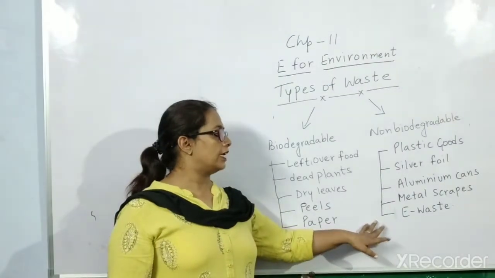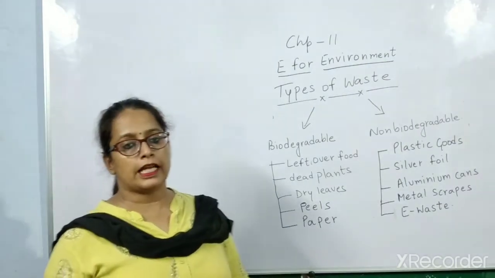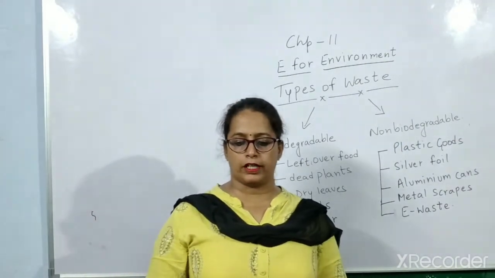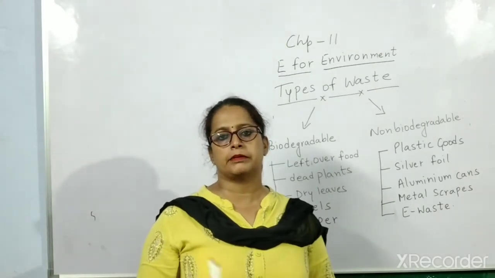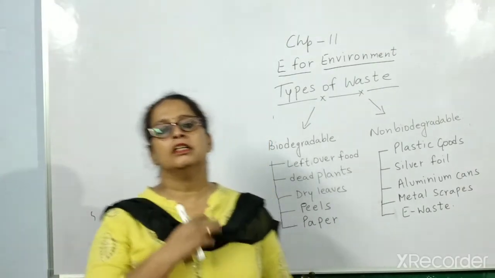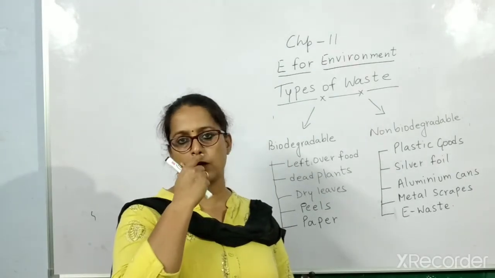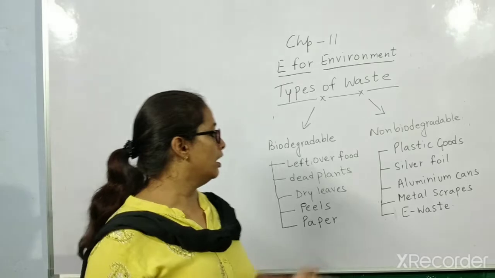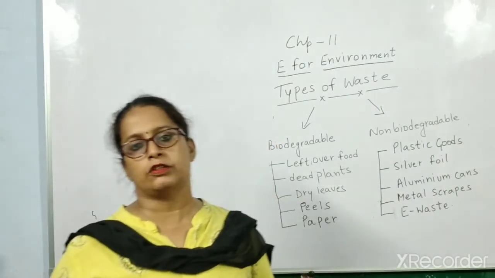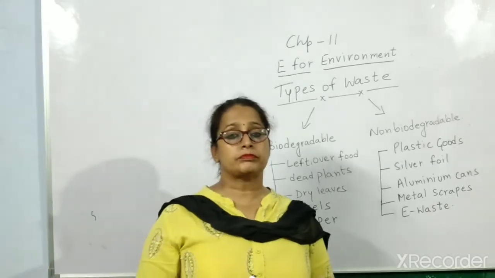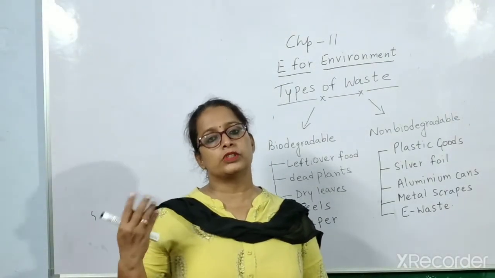There is another type of waste which is known as non-biodegradable waste, like plastic goods, silver foils, aluminum cans, then metal scraps. Scraps means anything which is not useful from the metal, right? It can be a small keychain or something. And even e-waste, like your digital waste: used cameras, used phones, used laptops.